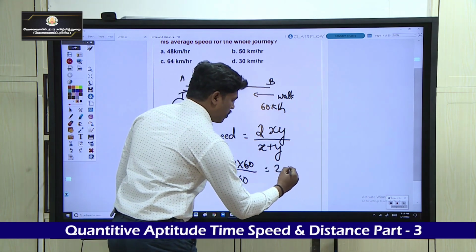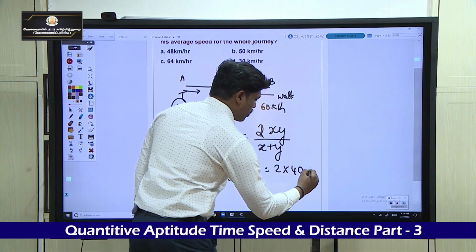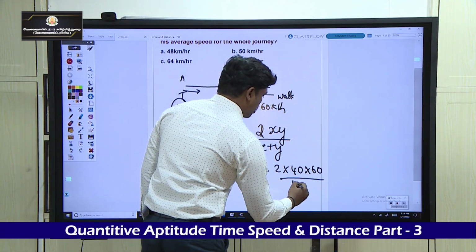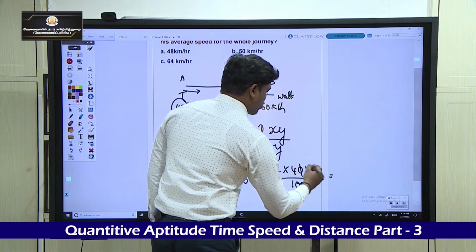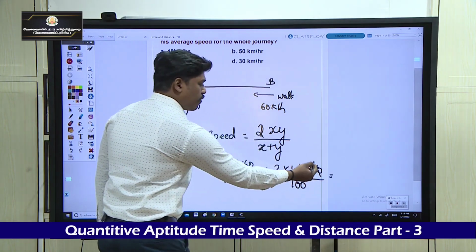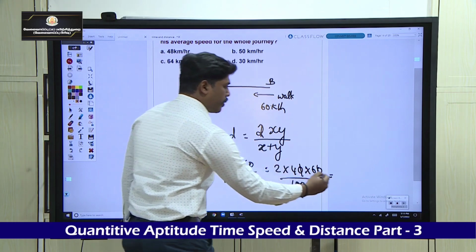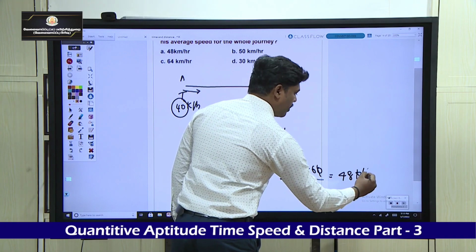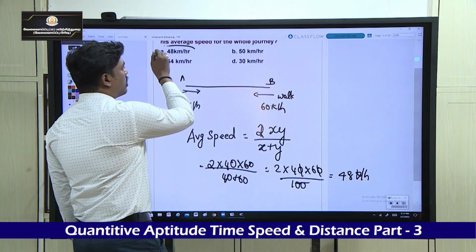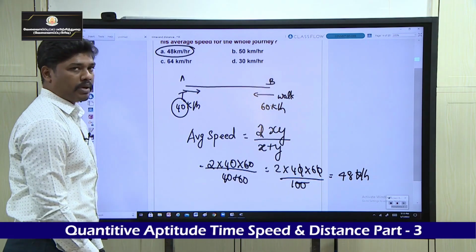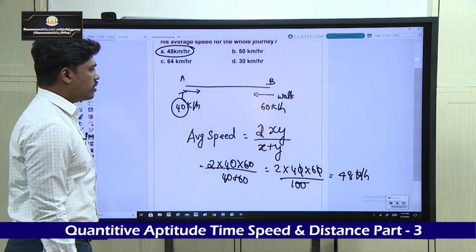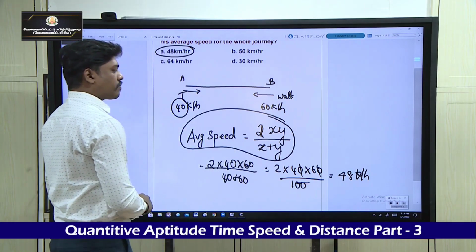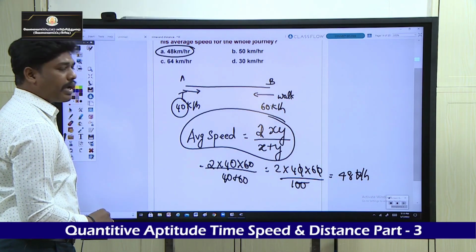So you will have 2 into 40 into 60 divided by 100. 6 fours are 24, 24 into 2 is 48. So the answer is 48 km/h. Just use this formula: 2 into xy by x plus y.